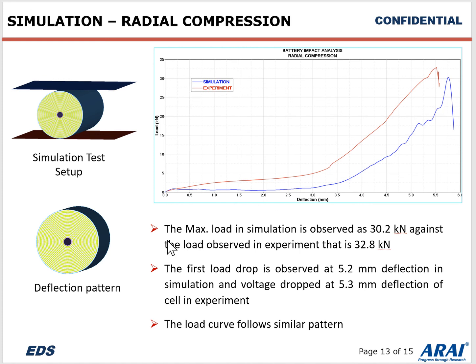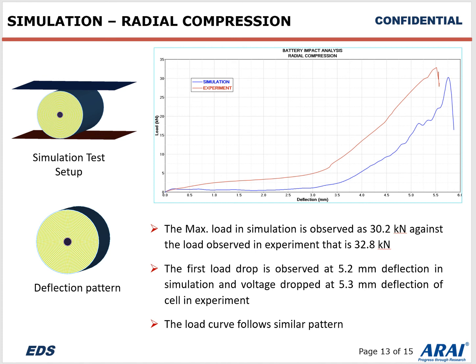Even if we compare the load values, the maximum load value in simulation is 30.2 kilonewton against the load observed in the experiment, that is 32.8 kilonewton. The first load drop is observed at 5.2 mm deflection in simulation, against the voltage drop at 5.3 mm deflection of the cell in the experiment.